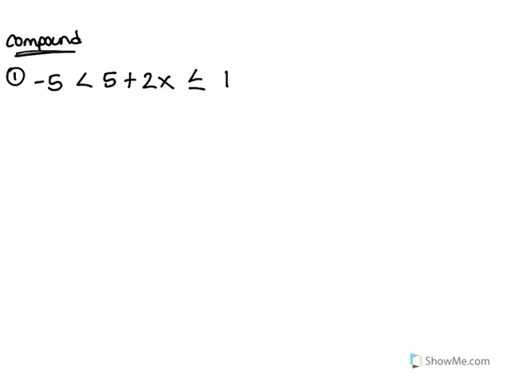The next ones are, I call them compound, okay? Because you got two signs in it, two inequality signs. And let's do negative 5 is less than 5 plus 2x, which is less than or equal to 11.